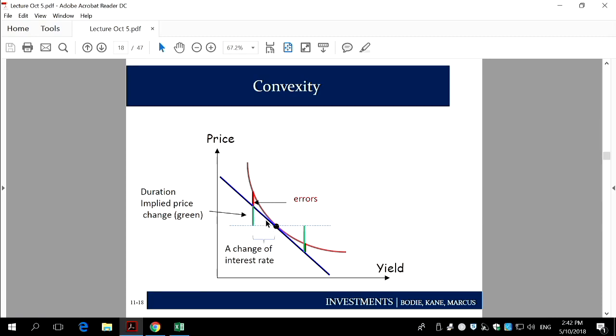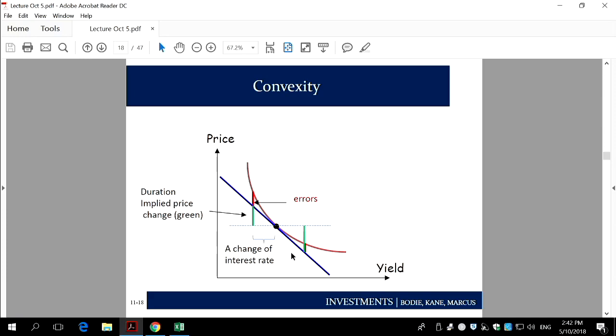The first order derivative is the slope, right? So the green part is the duration implied price change. But the actual price change is green plus the red one. So this is the real price change. So the red part is a little error, right?